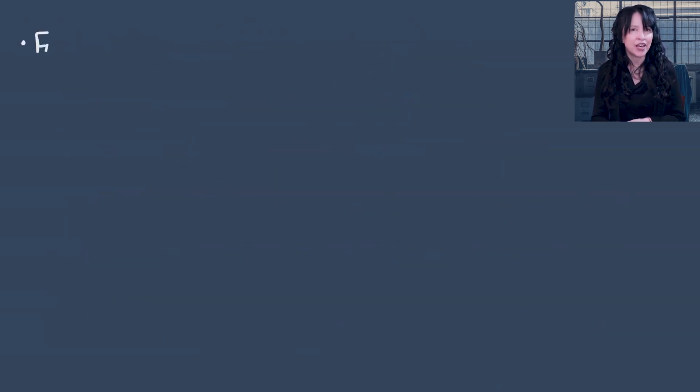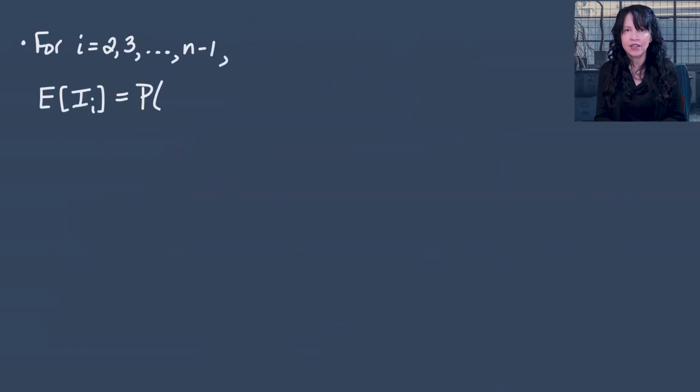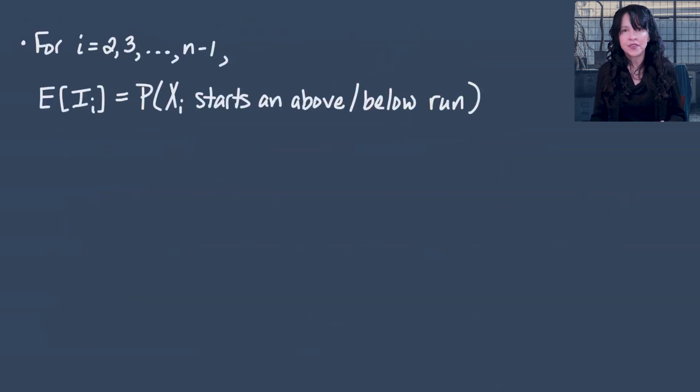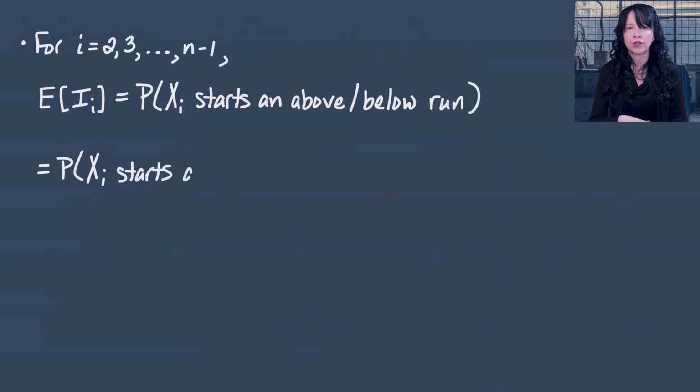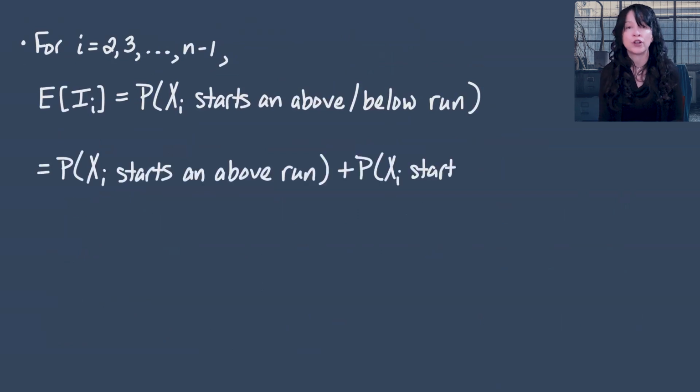get the expected value of the ith indicator, the expected value of I sub i. This is 1 if and only if the random variable X sub i is starting a run above or below the mean. So the expected value of an indicator is always the probability of the event being indicated. And just like we just saw, for X sub i to be starting a run above or below the mean, we could break this up into two disjoint event probabilities where we start a run above the mean or we start a run below the mean.